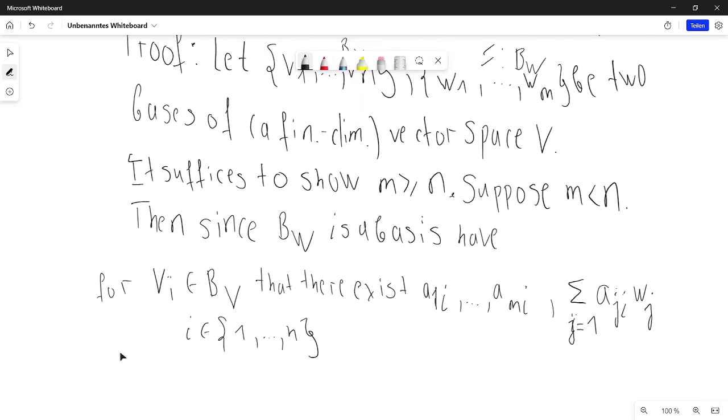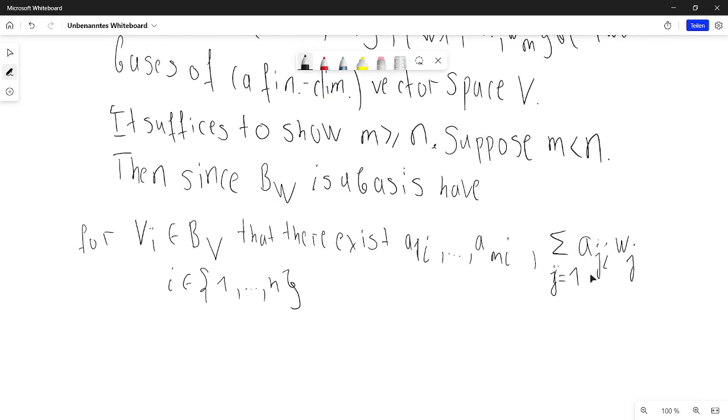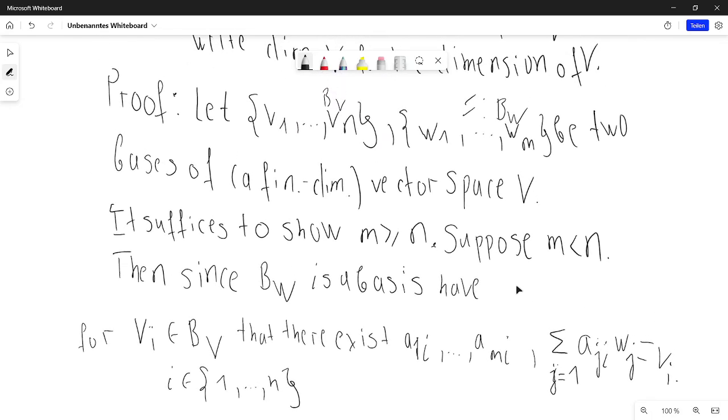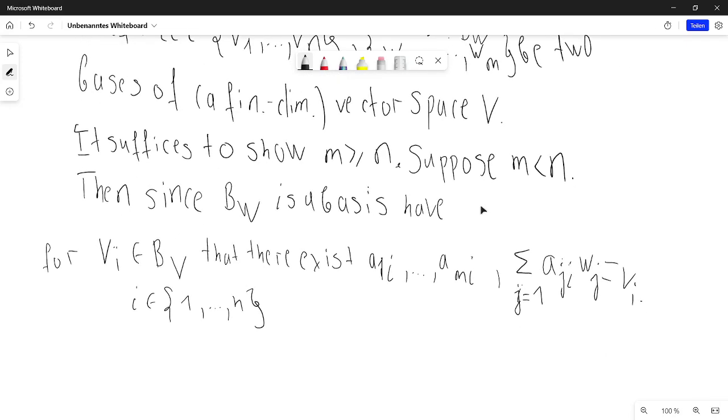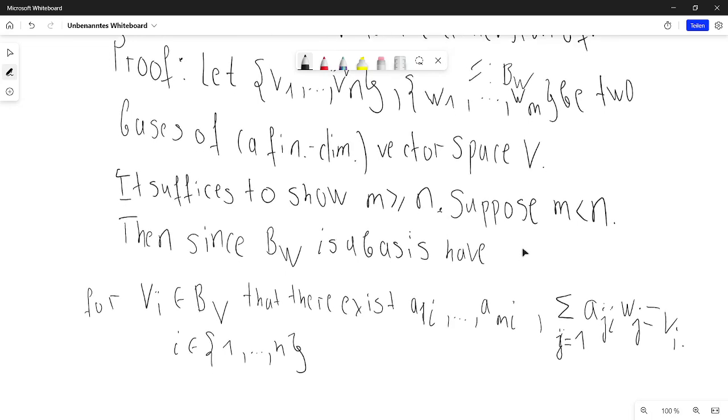Right, and this is the representation of vi. Then everything can be represented like that.